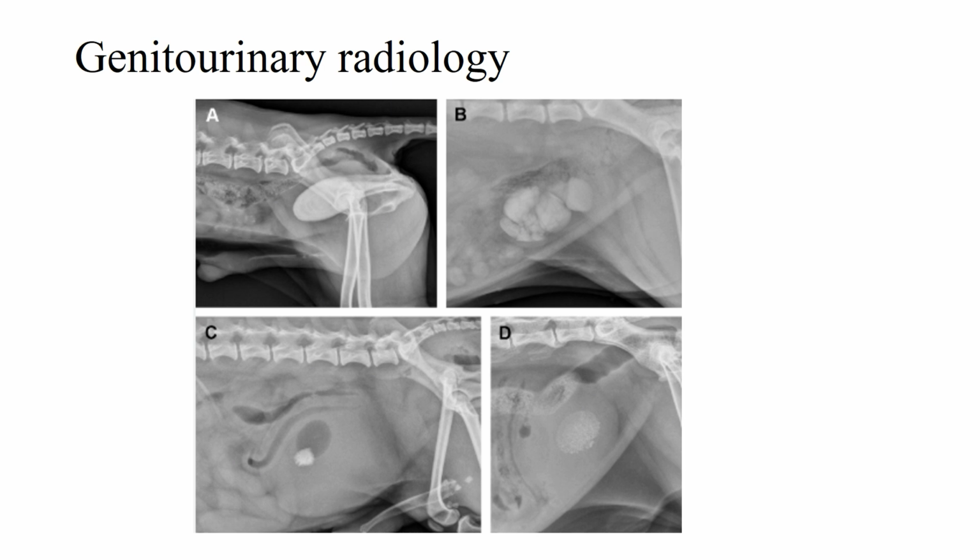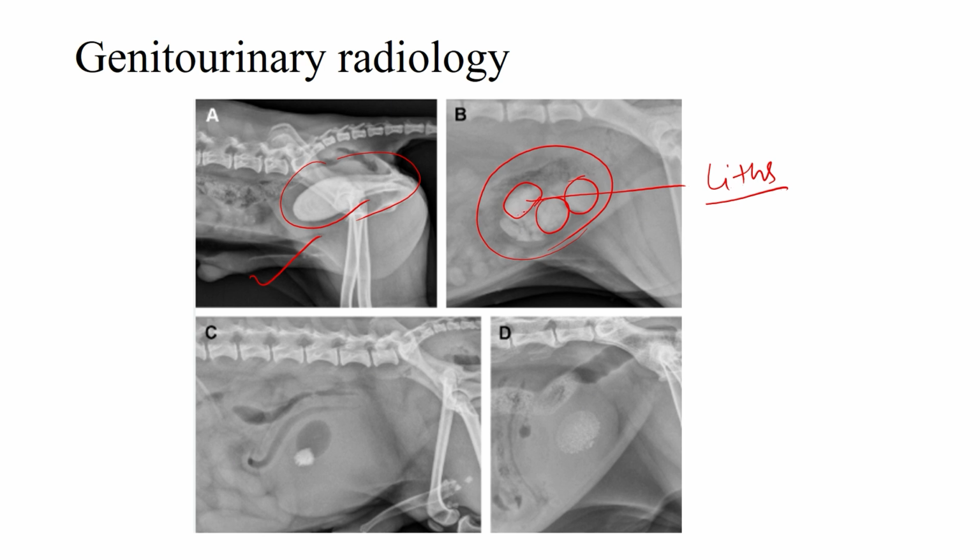The next category is the genitourinary radiology. As the name suggests, it deals with the genital organs and the urinary system. In this radiograph, you can very well appreciate that the bladder has been radiographed, and you can see the different types of stones.